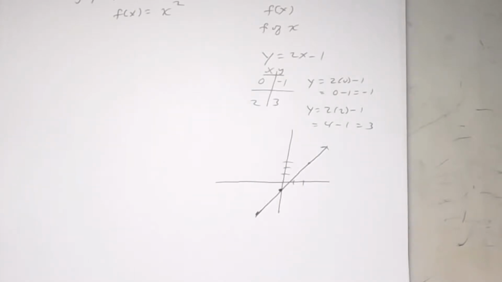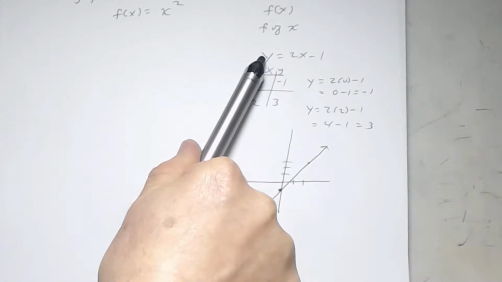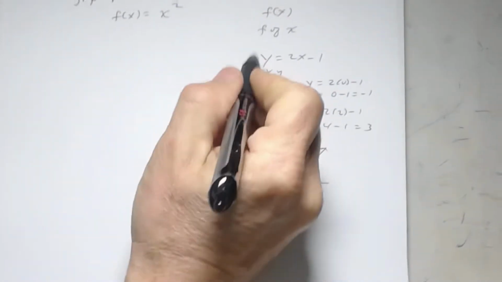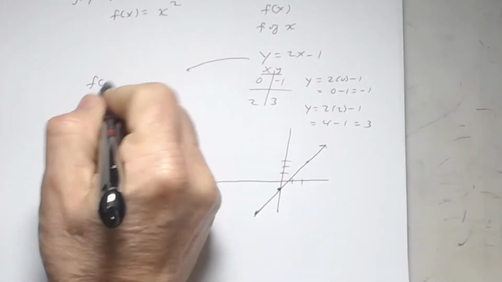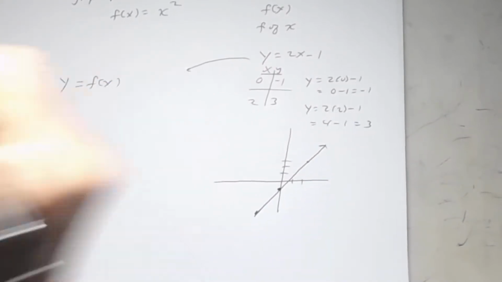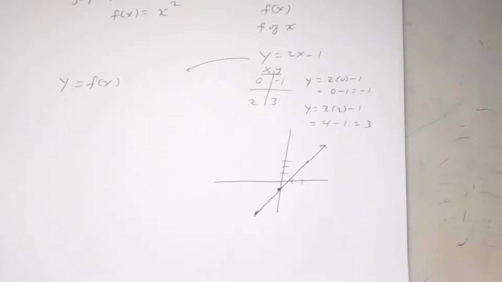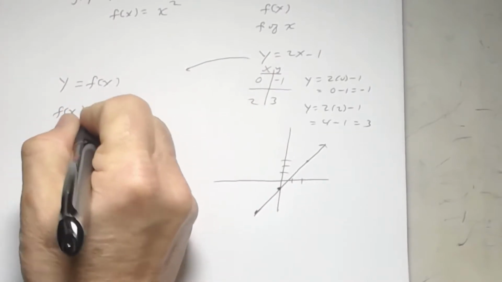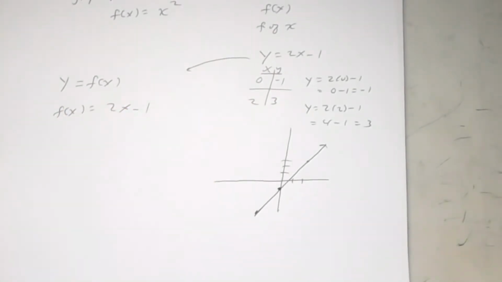So since that's a function, I can also write this using function notation. So this y, the letter y, I can also write as f of x. So y means the same thing as f of x. So I can write this function right here as f of x equals 2x minus 1.